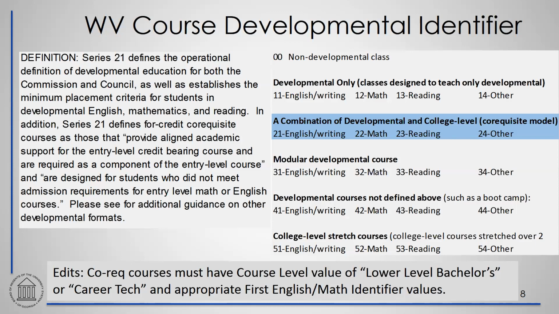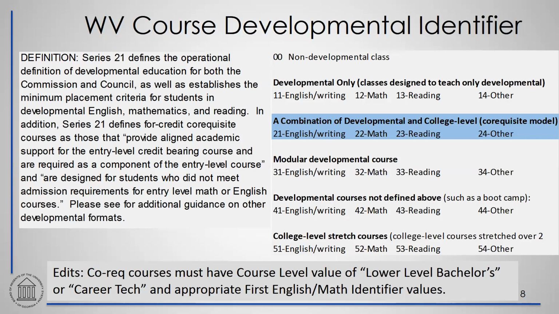And it also has to be indicated in the first English math identifier code as being the first English class or the first math class as well. So that cross-edit checking of cross-value fields is an important thing to implement as you start setting up your system for collecting this information.